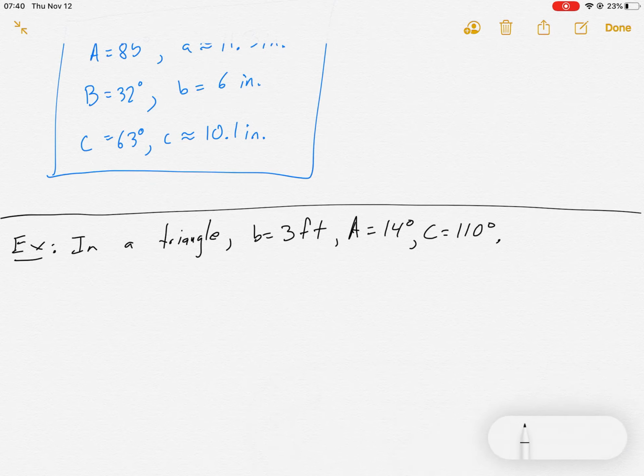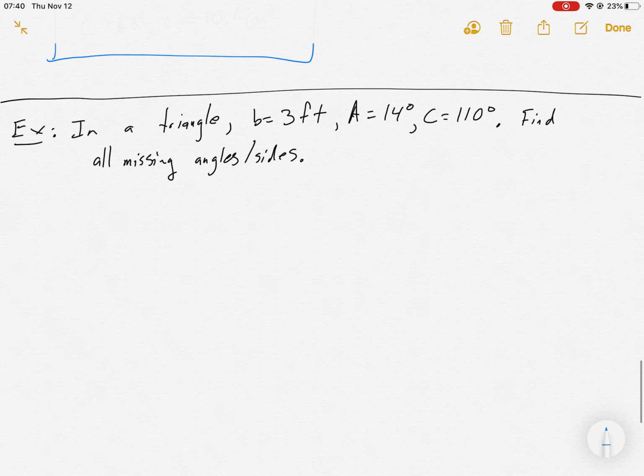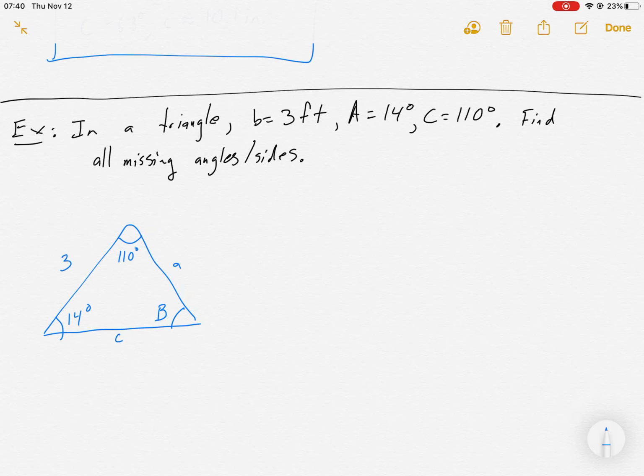And then we need to find all missing angles and sides. Okay. So in this one, you're not actually given the diagram, you have to create it. So that's going to be the first step. Again, not drawn to scale. A is 14 degrees, C is 110 degrees, and then B is 3 feet. This is side A and side C.